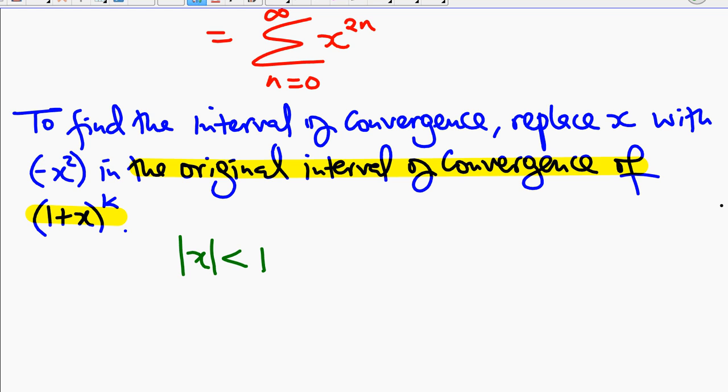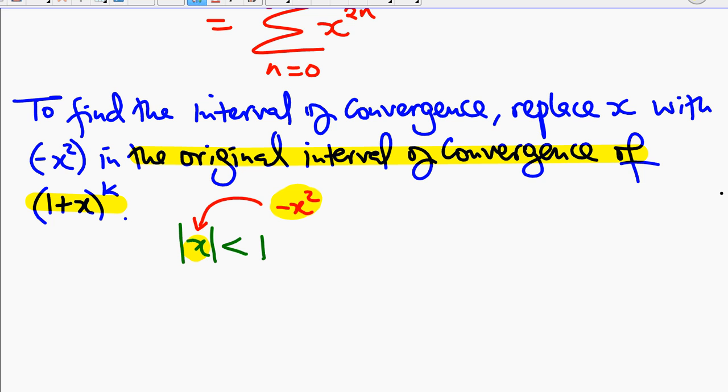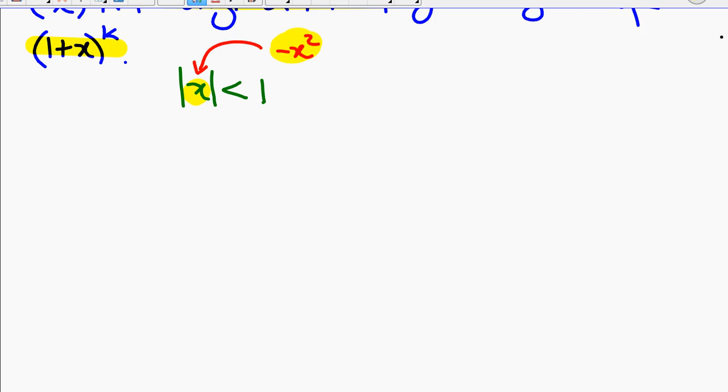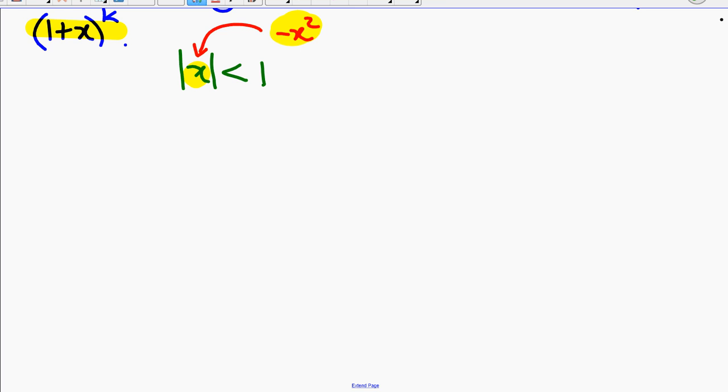So what you're going to do is replace x with negative x squared. What you're going to end up with is that absolute value of negative x squared is less than 1.